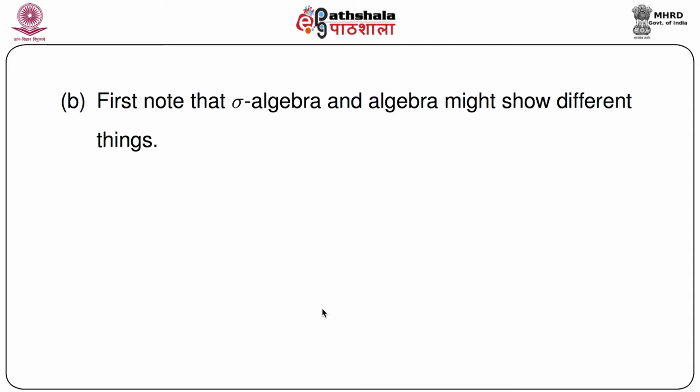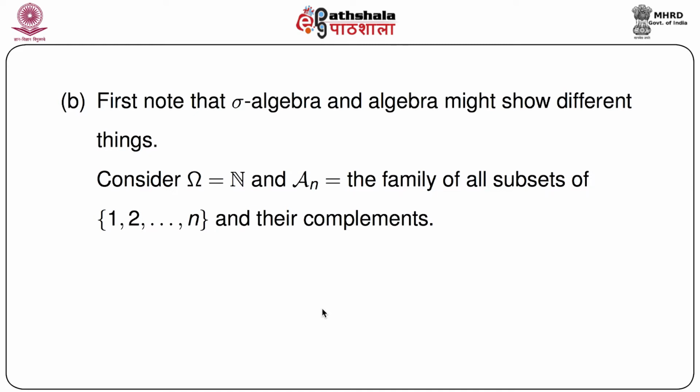Now, to investigate the second one, that is whether this is true for a sigma algebra, first note that we are now going to deal with sigma algebras, which are slightly different from simple algebras, and naturally we can expect that these two things might behave differently in different perspectives.